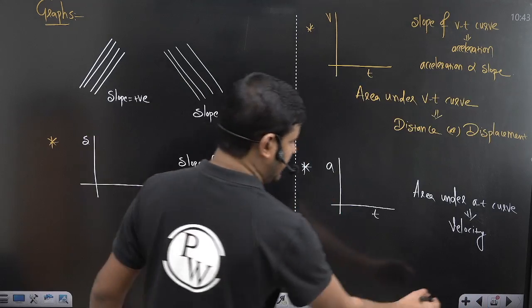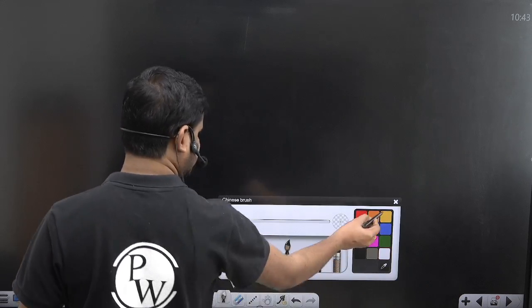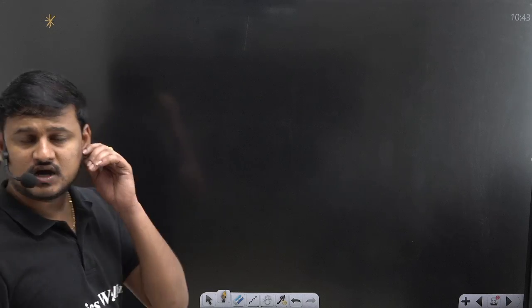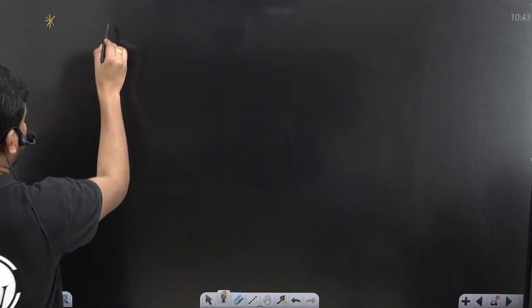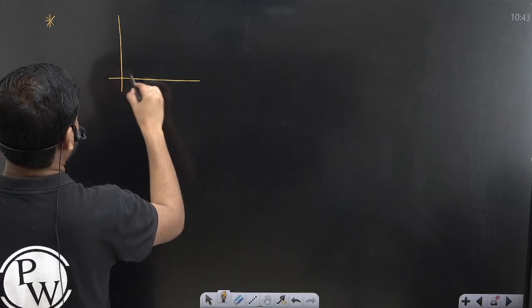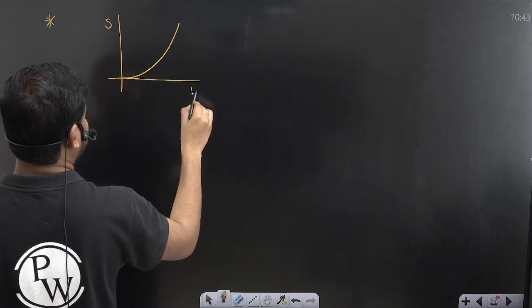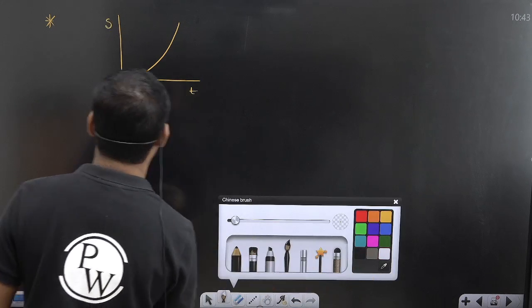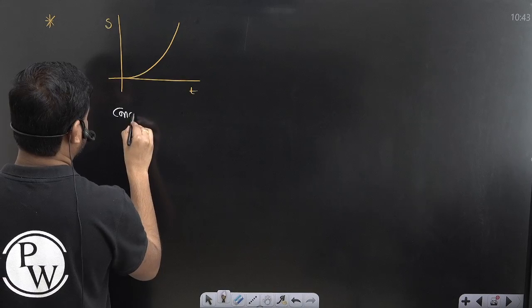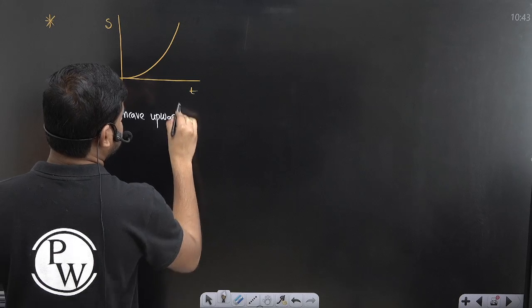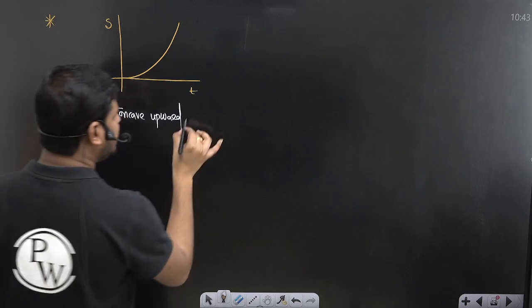And related to the graphs, we also discussed that if the graph is concave upward, like this, if the ST graph is concave upward, then it's uniformly accelerating.